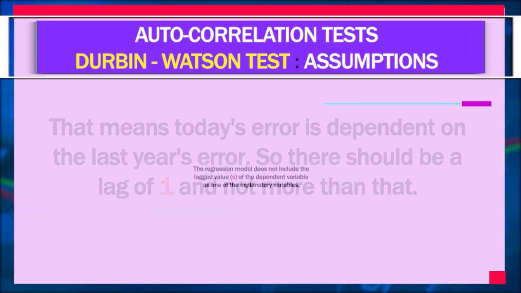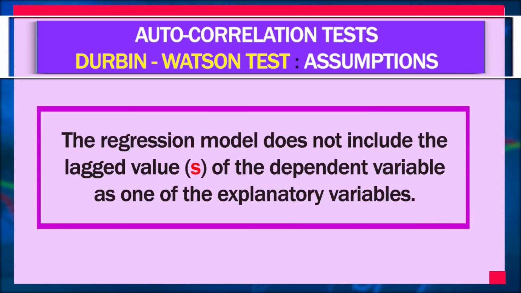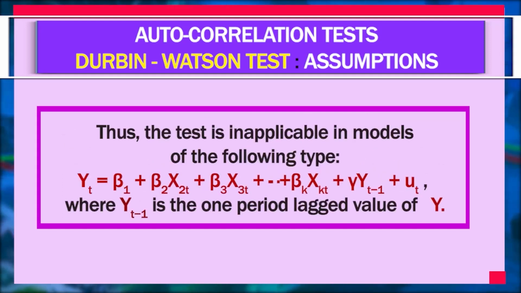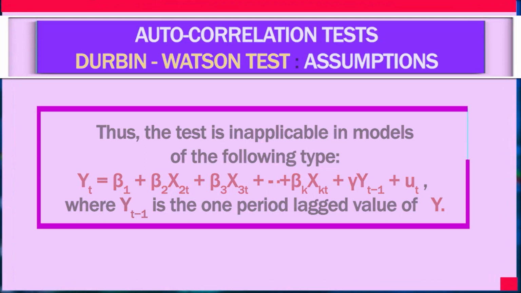The regression model should not include the lagged value of the dependent variable as one of the explanatory variables, that means it should not include yt minus 1. If yt is a function of yt minus 1, then yt minus 1 is a lagged dependent variable. In that case, an endogeneity problem arises and Durbin-Watson cannot be applied.